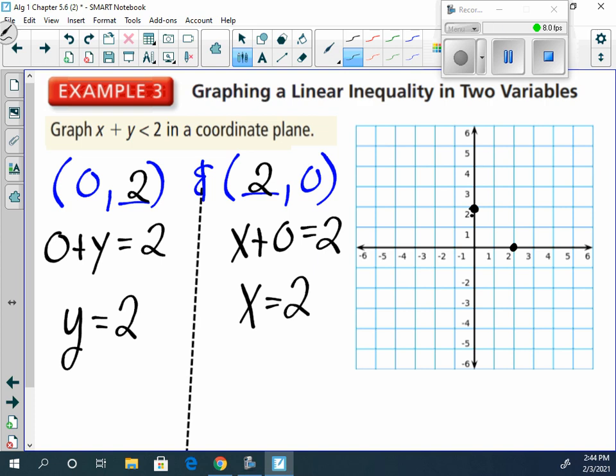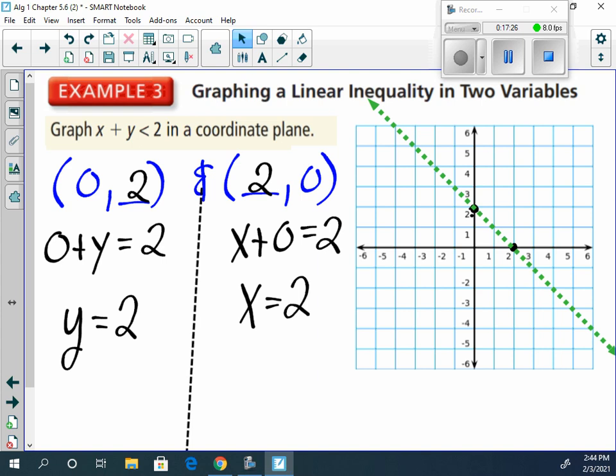Okay. Now we need to graph the line. And the line, will it be solid or dashed? Dashed because it's not equal to. Now we can draw it by doing a dashed line, or we can draw a solid line and erase the dashes.